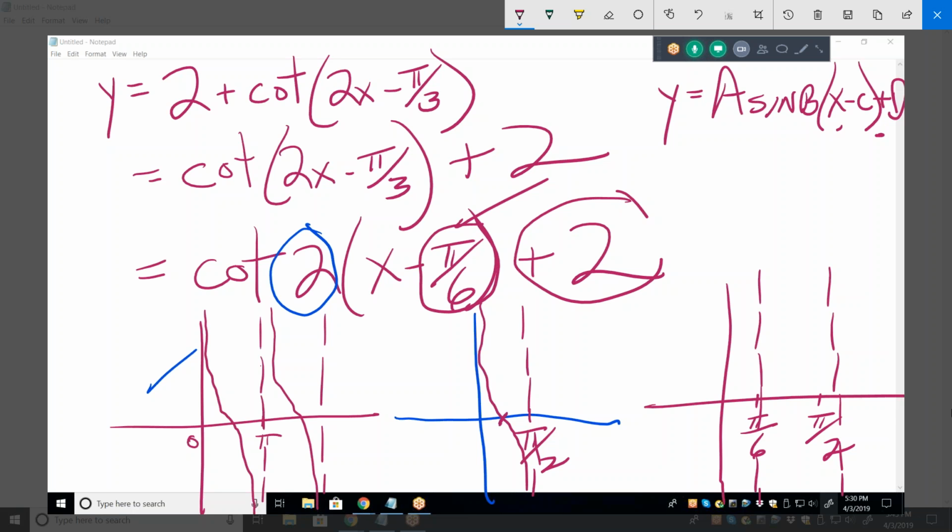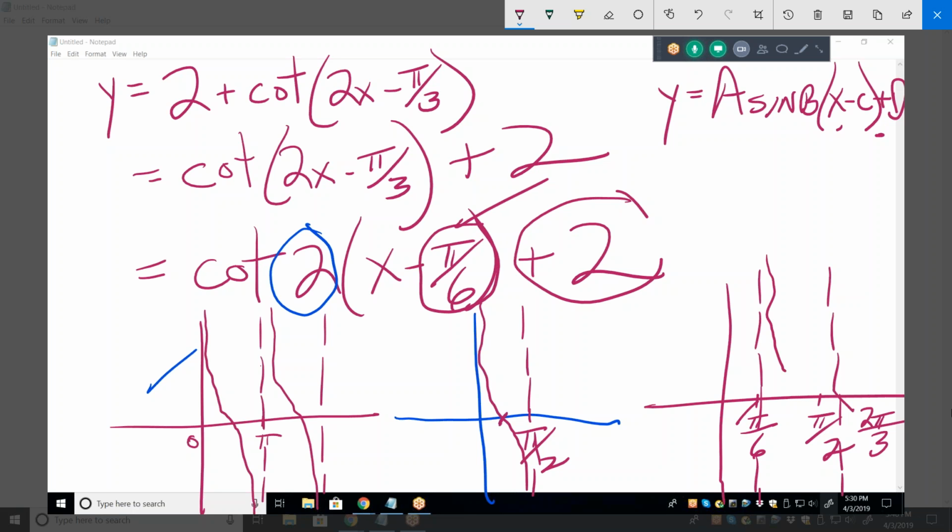Okay. So what's pi over 2 plus pi over 6? 2 pi over 3. Yeah, it's 3 pi over 6 plus pi over 6, which is 4 pi over 6, which is 2 pi over 3. So this point, 2 pi over 3, this point, pi over 6.